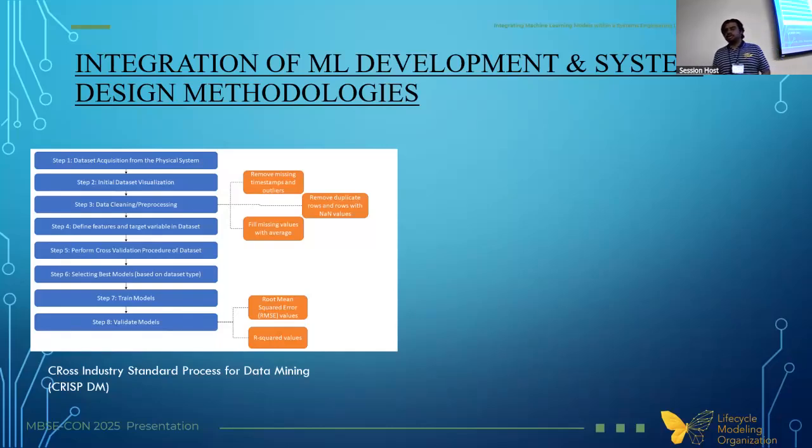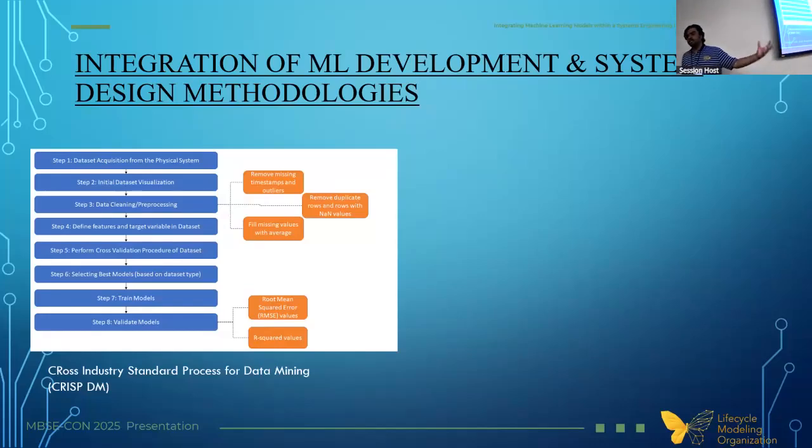You train the models, and you validate them through different metrics such as root mean squared error, which is the comparison between your testing data and your training data, and R squared value, which basically allows you to gauge your model variance. So this was the methodology that I would use to create a machine learning model.